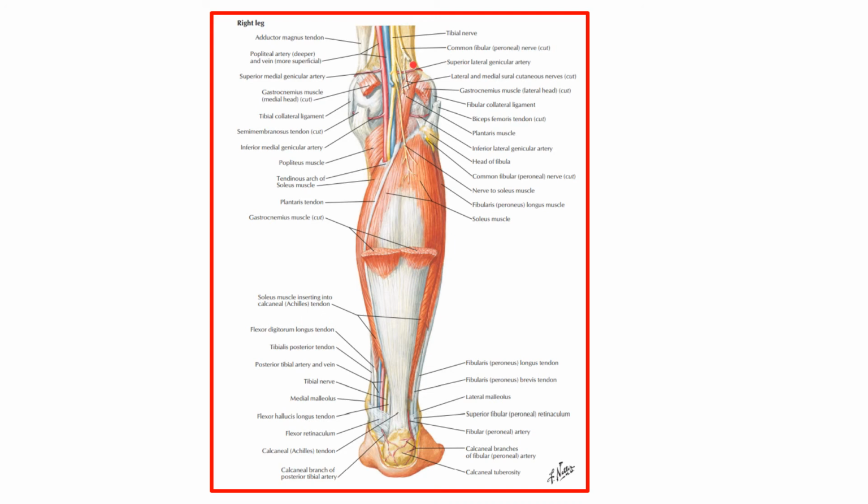This muscle has a small belly, down to the inferior border of the popliteus muscle. Then it has a long tendon. Sometimes this tendon is so thin and long that it even resembles a nerve. Here we can see this tendon. It also joins this tendocalcaneum.